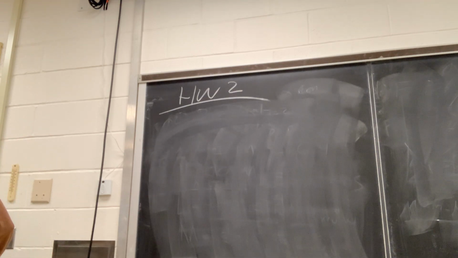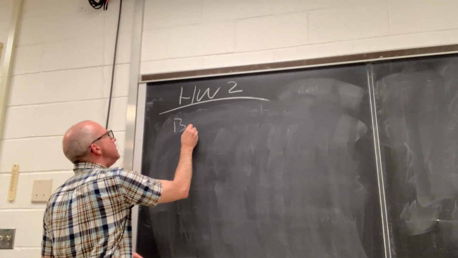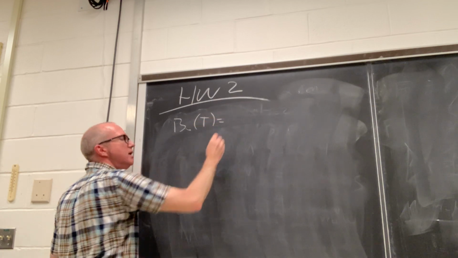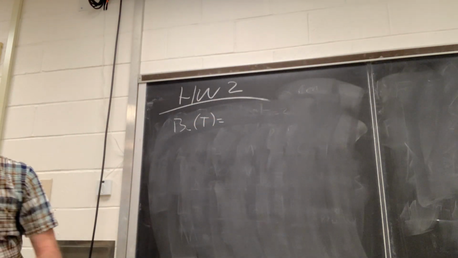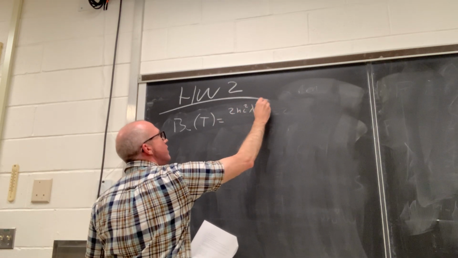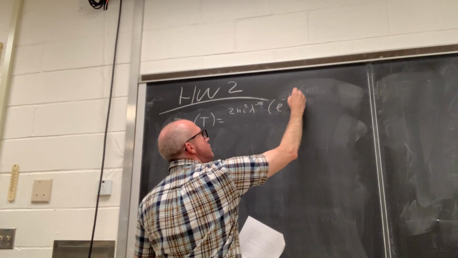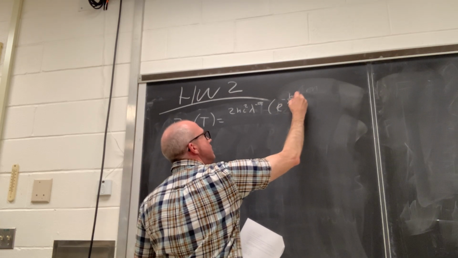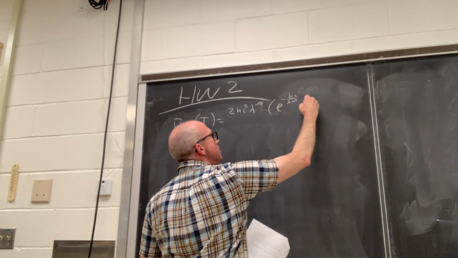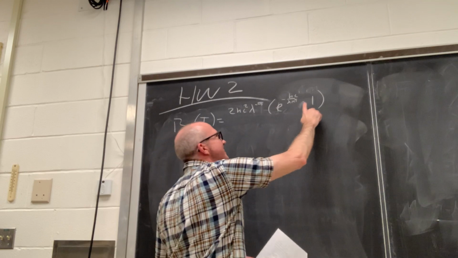Wien and Rayleigh-Jeans. I wanted you to put your hands on the Wien and the Rayleigh-Jeans limit, and I think people struggle with this one a little bit. B nu of T equals 2hc squared lambda to the minus 5, over e to the hc over lambda kT, minus 1.